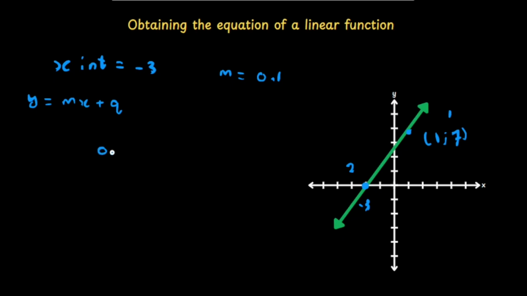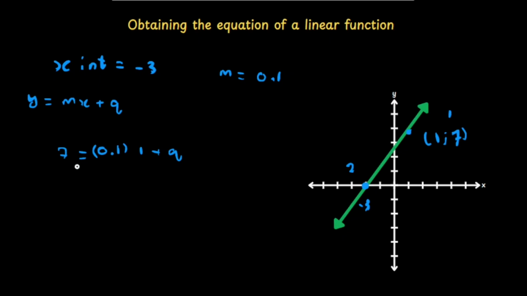So I'm going to put 0.1 down. Right. And I'm going to substitute in an x value. So I'm going to use the point that was given to us on the function. And that x value would be 1. Right. And then we're going to complete the equation with a plus q. Right. And on the left hand side of the equation, our y value for this point is 7. Right, so this equation is now 7 is equal to 0.1 times 1 plus q.